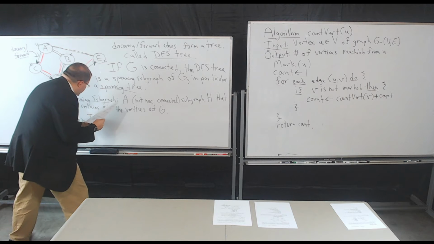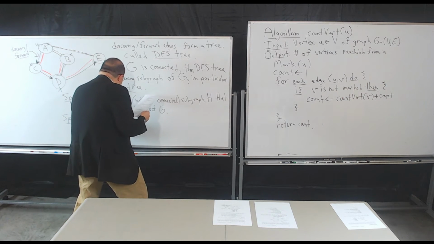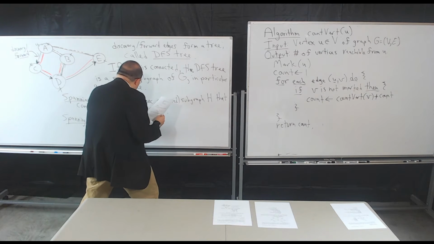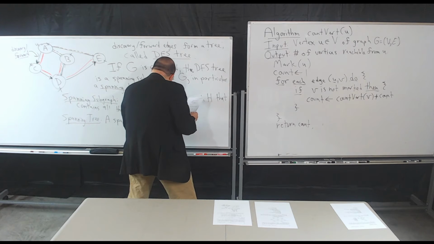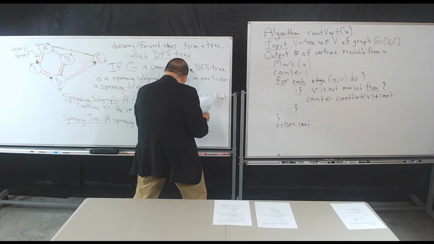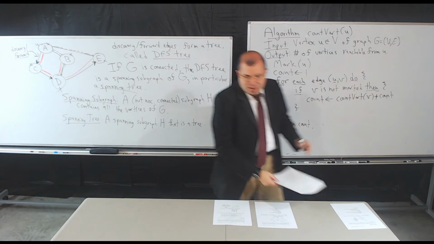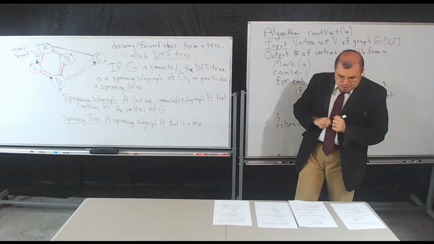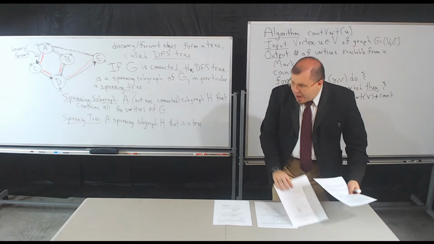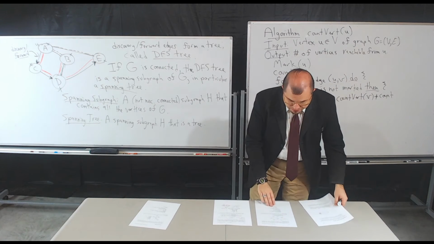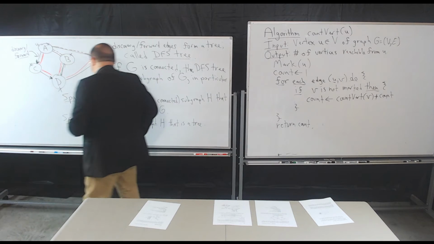A spanning tree is a spanning subgraph H that is a tree, right? Okay. So, believe it or not, that's all I have to say about DFS. DFS is highly applicable to many types of graph problems that involve traversing over the entire graph. It's very natural and simple.